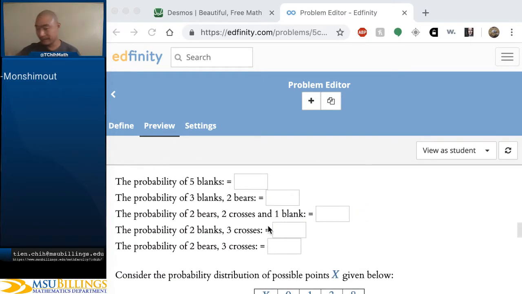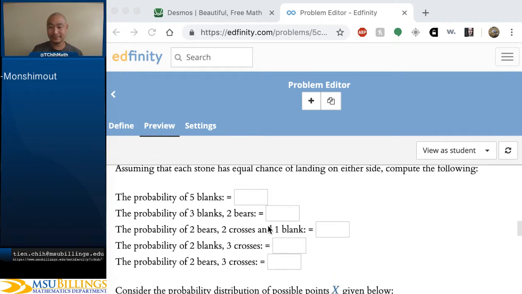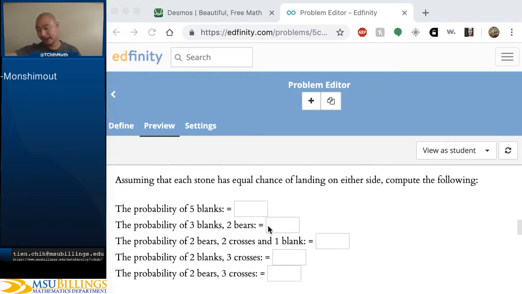So let me go ahead and just note that this is sort of reminiscent of binomial probability, right? In the sense that essentially we're flipping coins. And so maybe blanks is like tails.